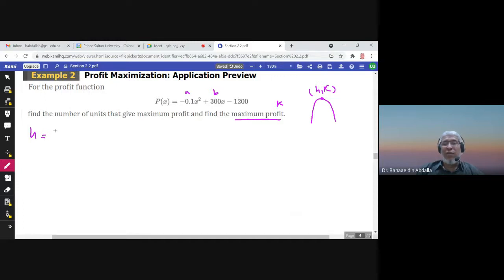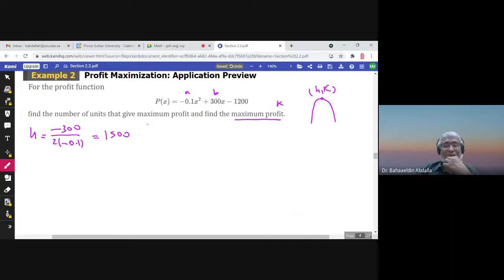So negative b is negative 300 over 2 times a, so 2 times negative 0.1. Use the calculator to find the answer. So 300 over 0.2, negative with negative will cancel. The answer is 1500.